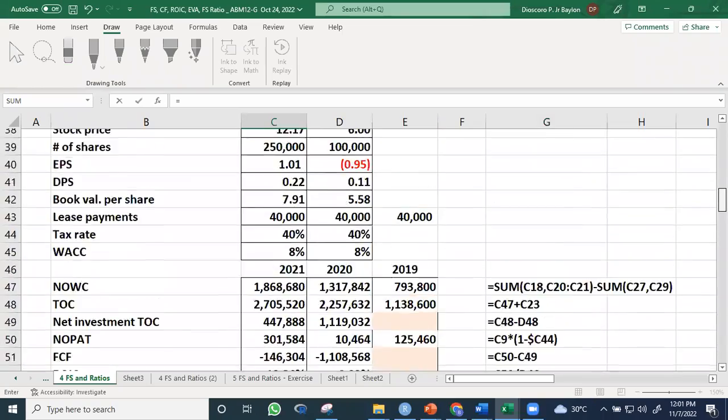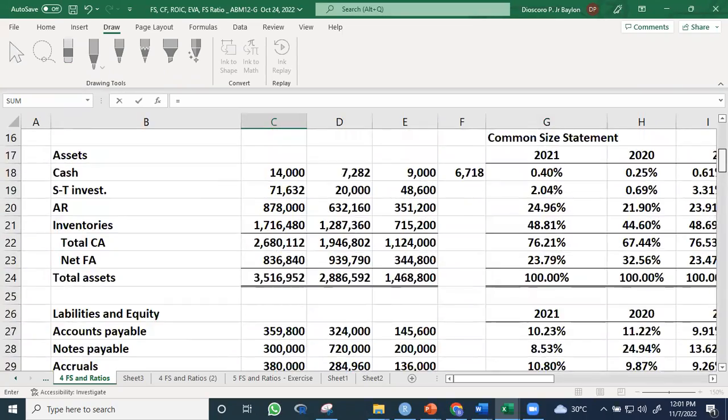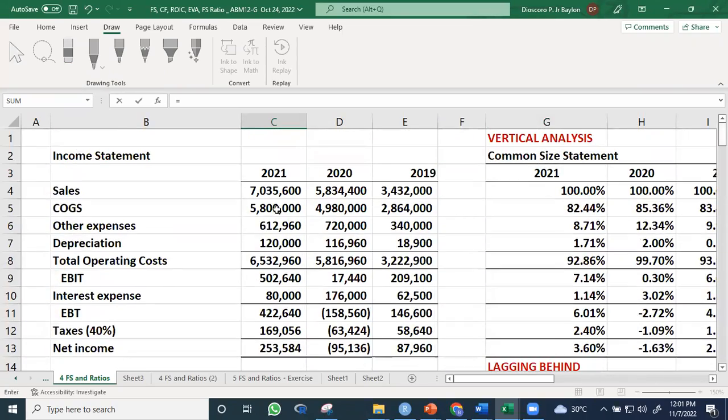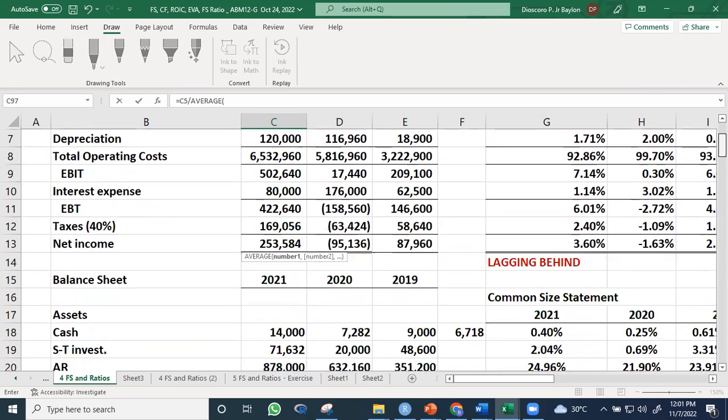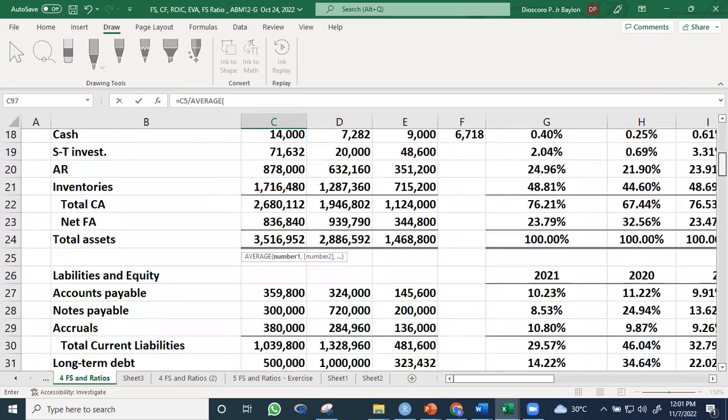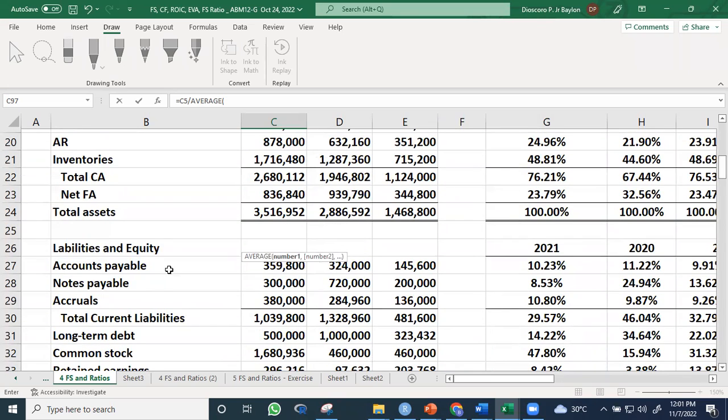Our APTO is cost of goods sold, okay, divided by your average payables natin. Itong accounts payable. Okay, others would include notes payable. Okay, but let's just separate that.